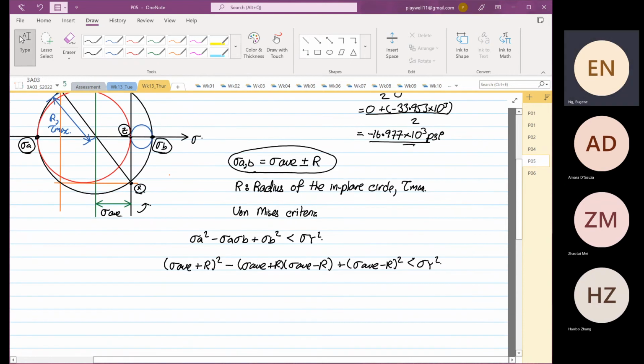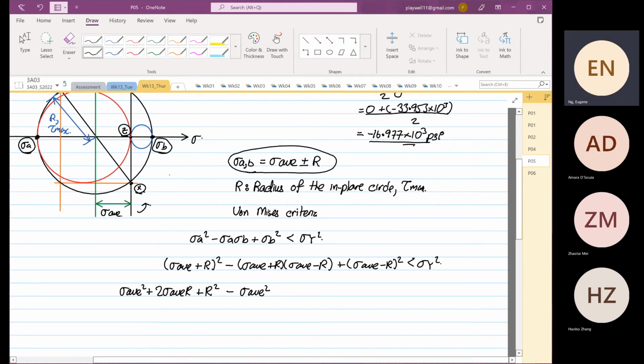Okay. So when we expand the terms, we have stress average squared plus 2 stress average multiplied by R plus R squared, minus stress average squared.